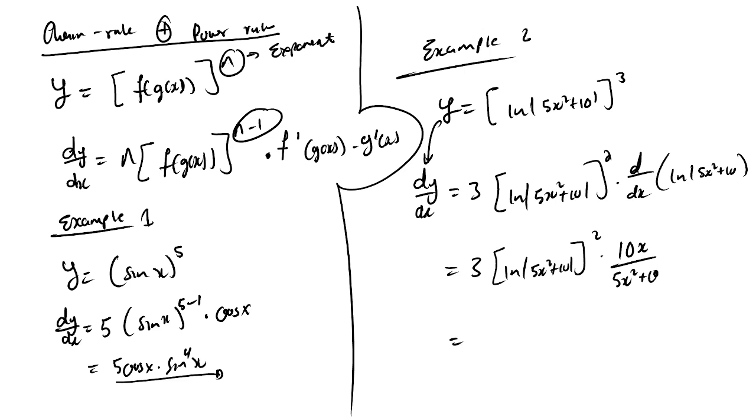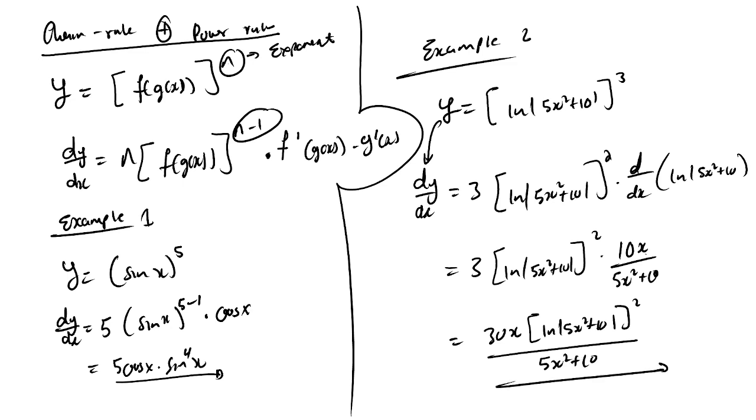That basically ends up giving us 3 multiplied by 10x, which is going to be 30x, and then ln of 5x squared plus 10, squared, all over 5x squared plus 10, and this is the final answer.